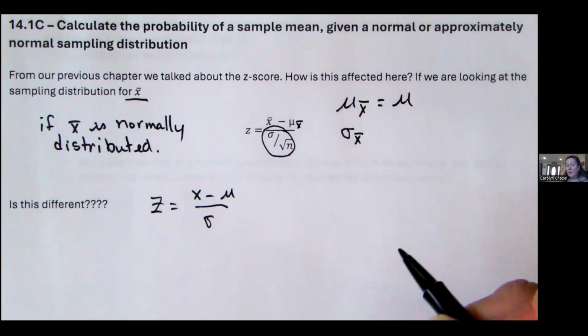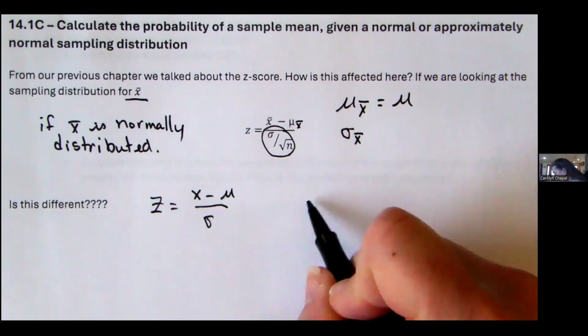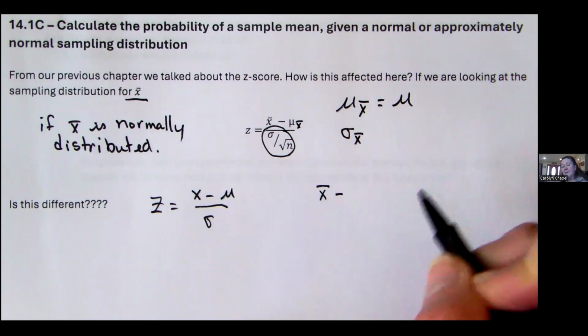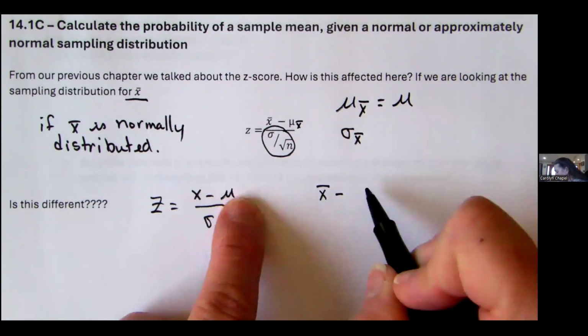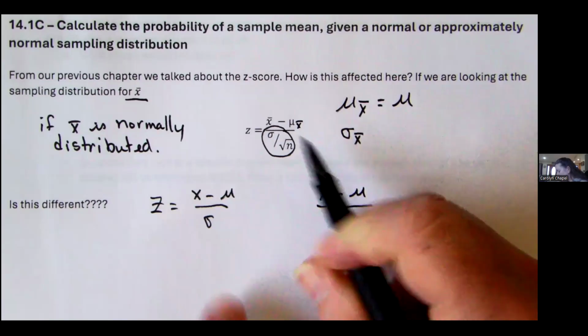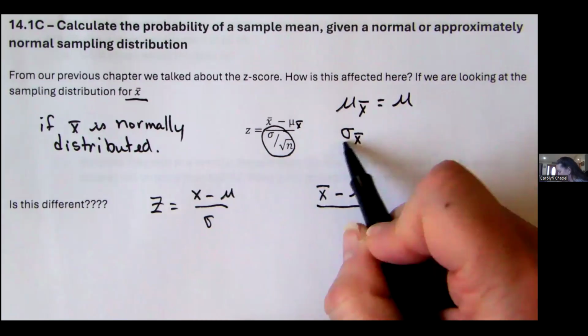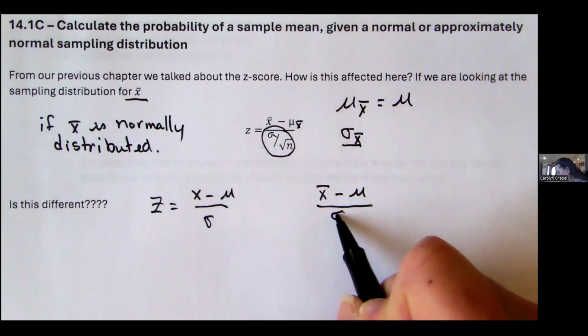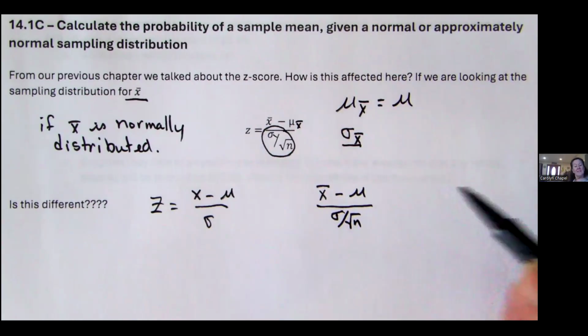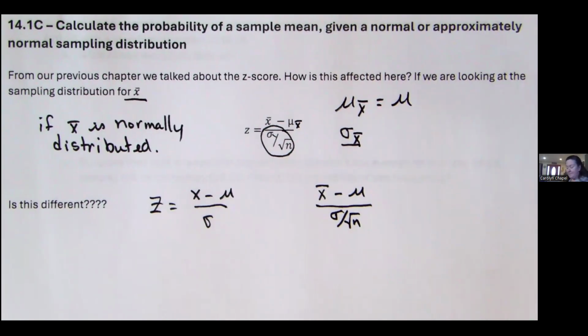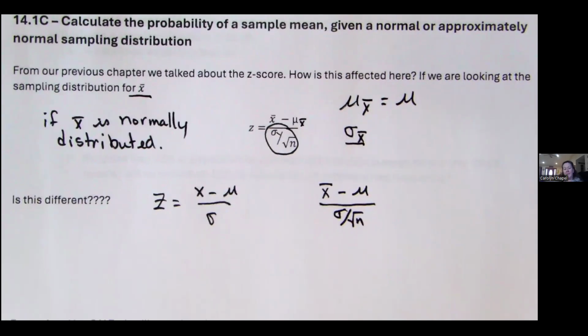If we're talking about X bar, we have X bar minus its mean, which is still mu, but its standard deviation is actually that sigma over the square root of n. So it is exactly the same idea, just we have to make sure to put in the correct pieces for the situation we have.